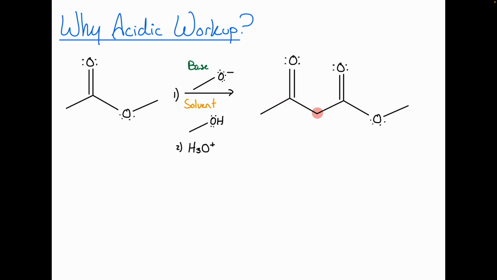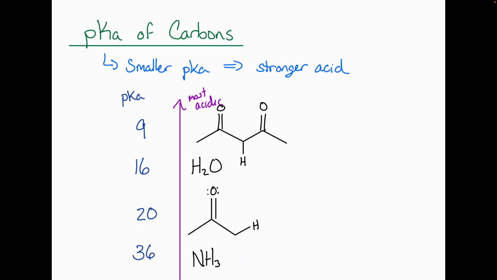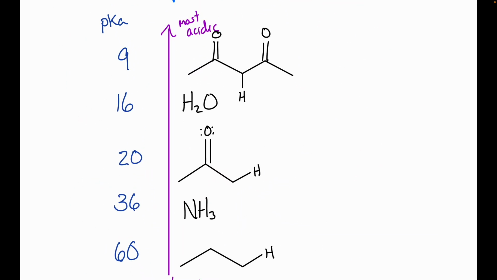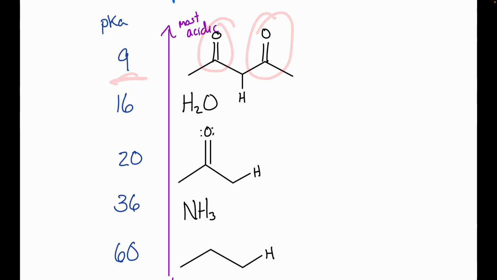And remember, if we have 2 carbonyl groups, that means that enolate ion is even more resonance stabilized. So that hydrogen is even more acidic. Look at what happens to our pKa, dropping from a pKa of 20 to a pKa of 9 when I have those 2 carbonyl groups there. So I have this alpha carbon that is even more acidic than when I started out.